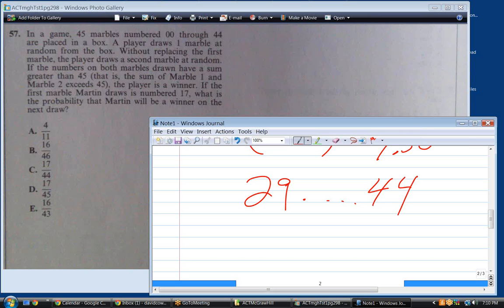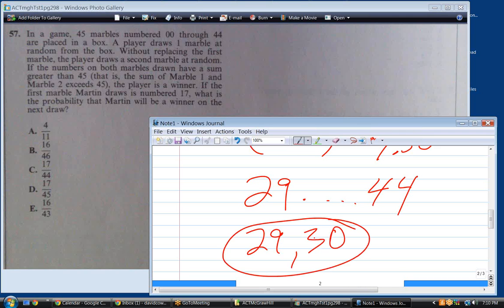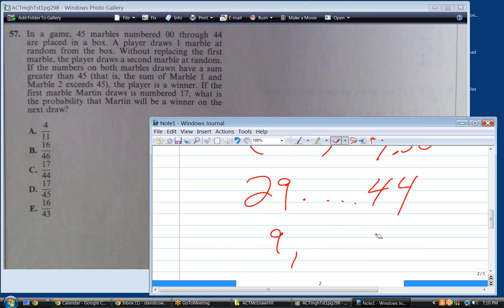Realize that if there were only two balls and they were 29 and 30, and I subtract those, I get 1. Right, okay. But the answer we can see plainly is 2. So whenever you're figuring out how many balls there are between balls 29 and 44, you have to subtract the two numbers and add 1. So there are 16 available balls to be drawn.